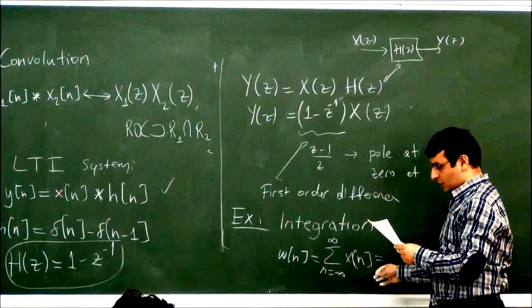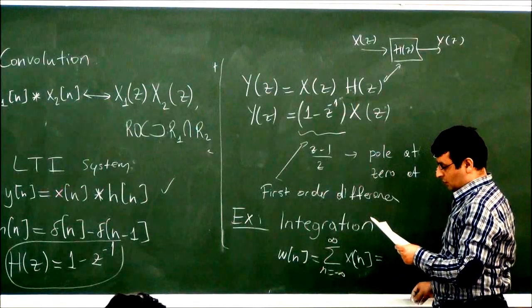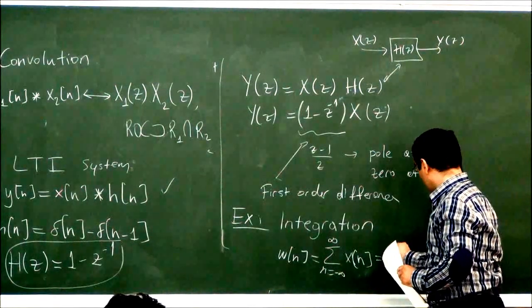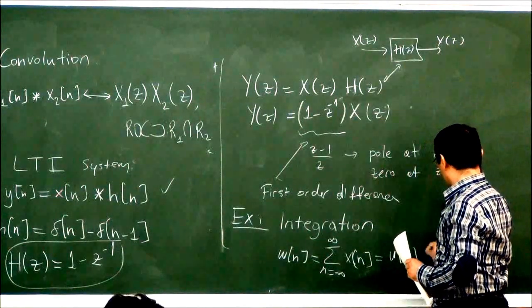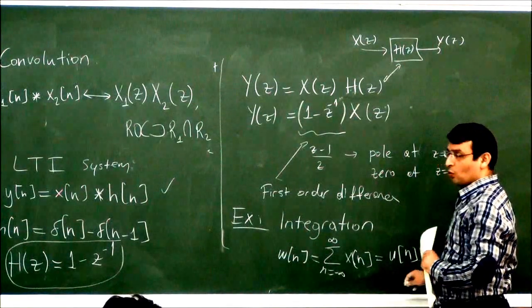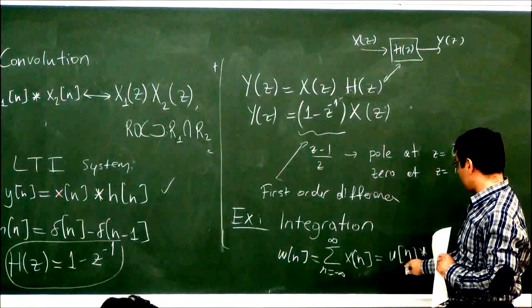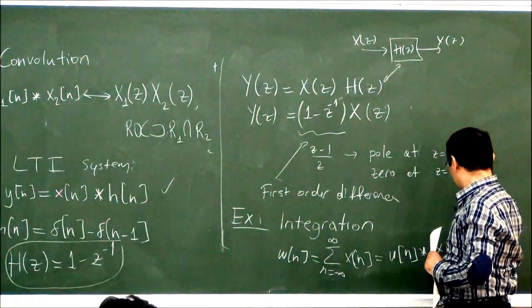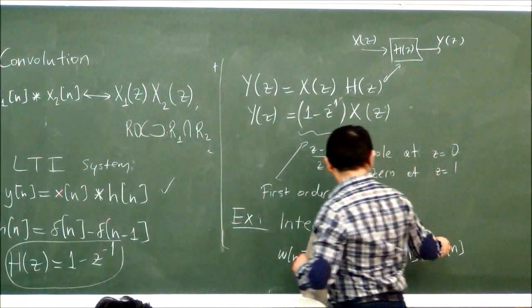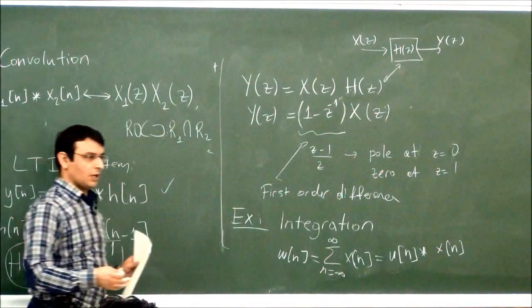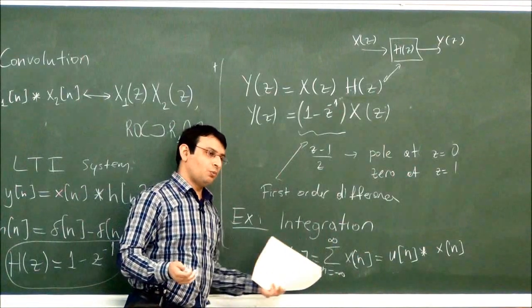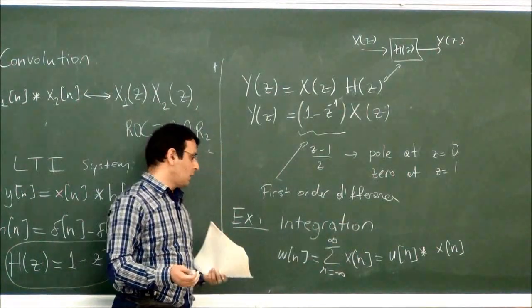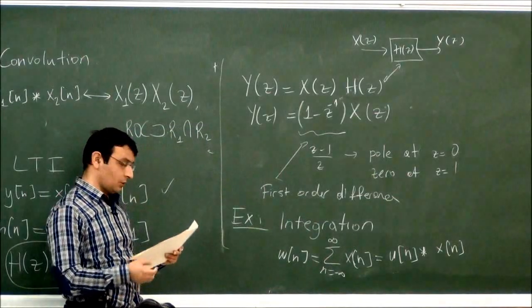So this is integration in the time domain. What is the expression of this? It is simply convolution of the step response with the input sequence. If you convolve the input signal x[n] with the step response, you add all the previous values of the input signal, and this means that this is integration.